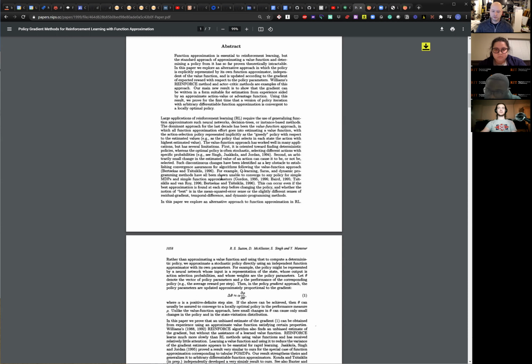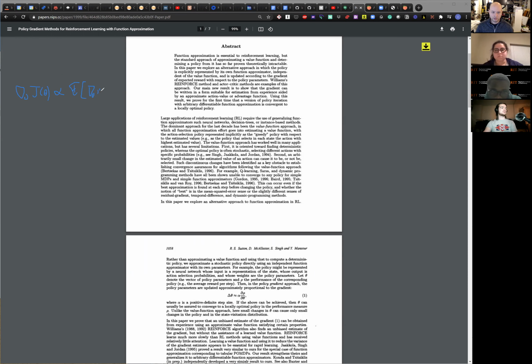Essentially the whole thing is trying to prove that, say you have this cost function, and all neural networks have an objective or loss function, the derivative of the cost function is proportional to the expected derivative of the policy.